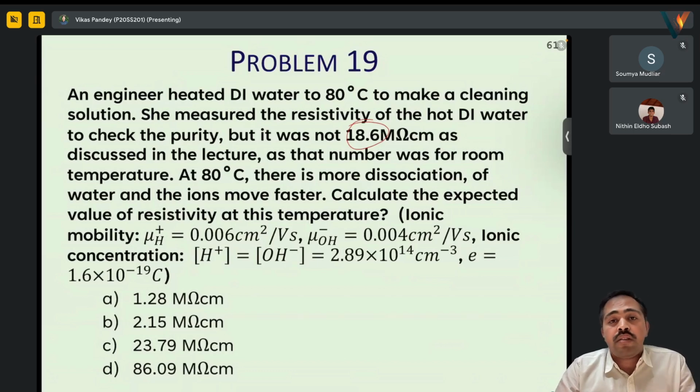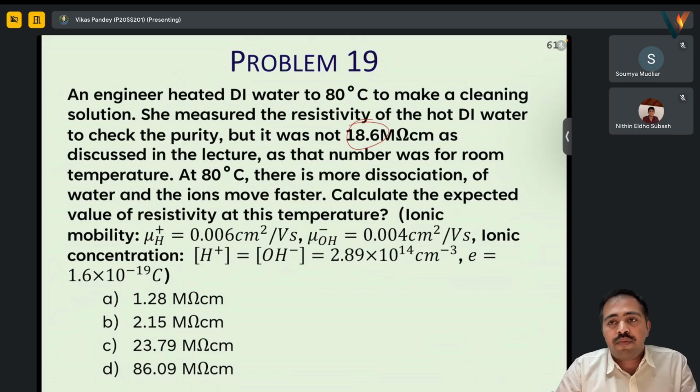But this engineer had to work at 80 degrees Celsius. Now there is more dissociation of water and ions can move faster compared to room temperature. Calculate the expected value of resistivity at this temperature.